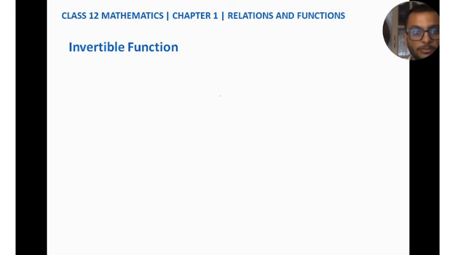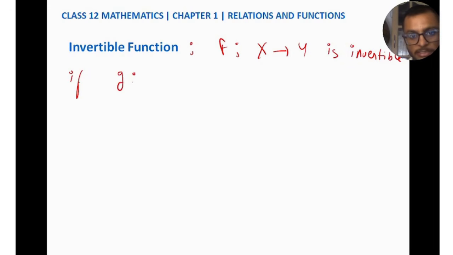Now let's move to the next topic, invertible function. The function f from X to Y is said to be invertible if you are able to find some function g from Y to X such that f of g, what will be the domain of f of g?